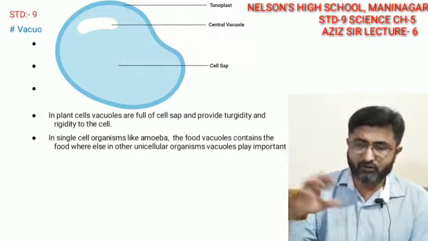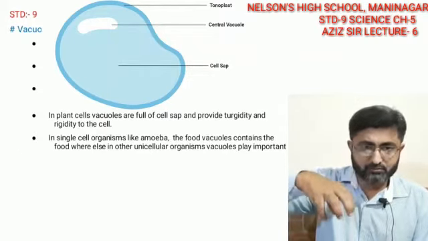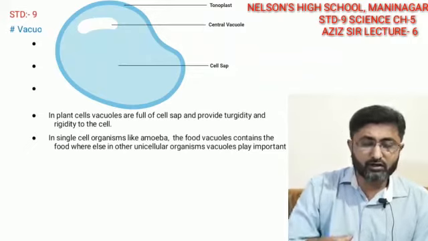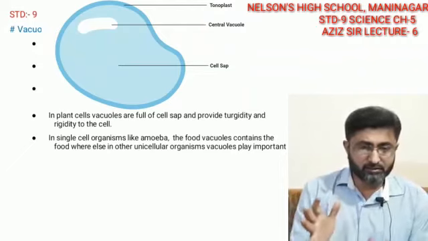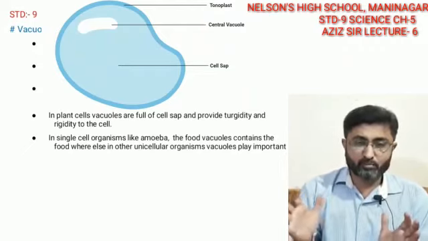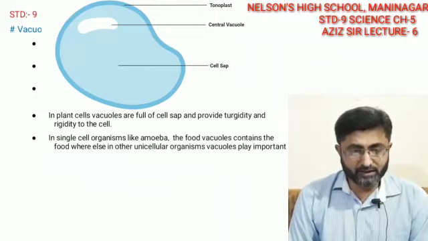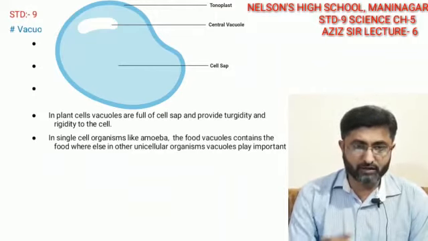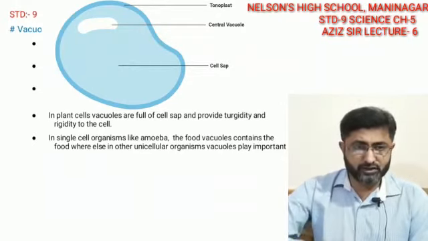Also they fill a lot of water inside, due to which they create turgor pressure towards the wall, which creates rigidity. That means it keeps the cell wall from getting damaged. So it is very necessary for plants to be completely filled with material, and to keep their turgidity and rigidity.